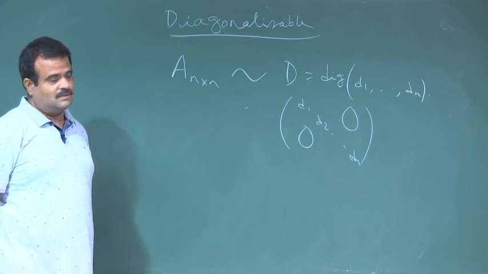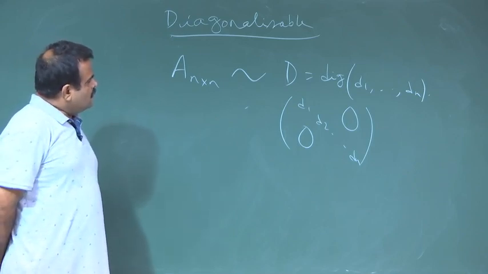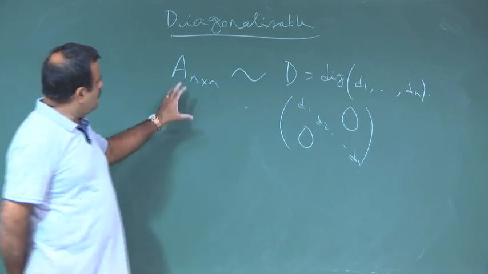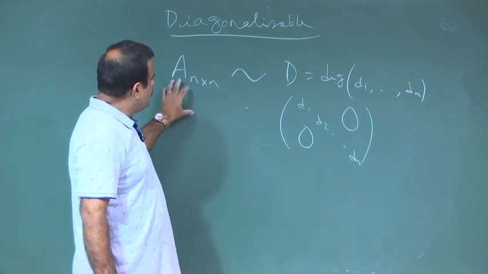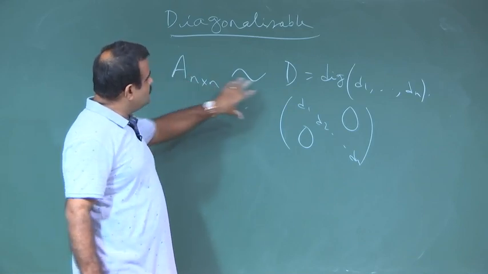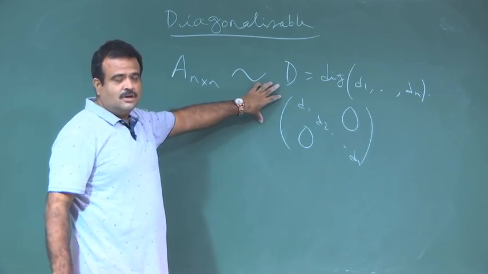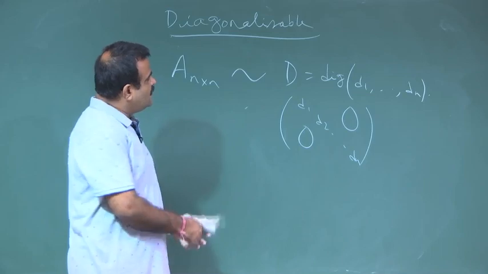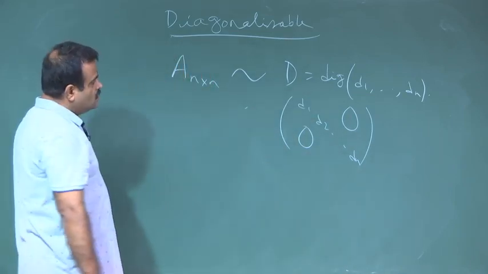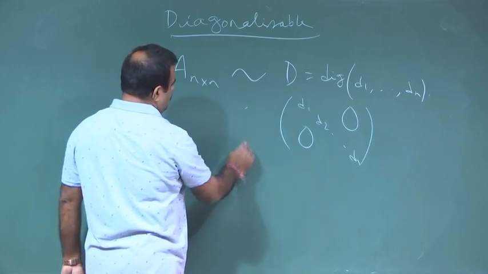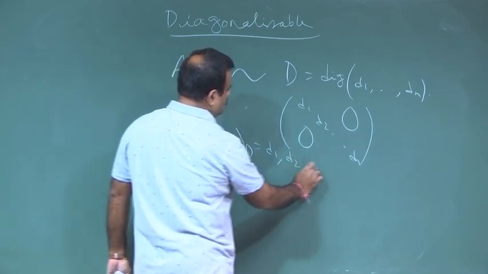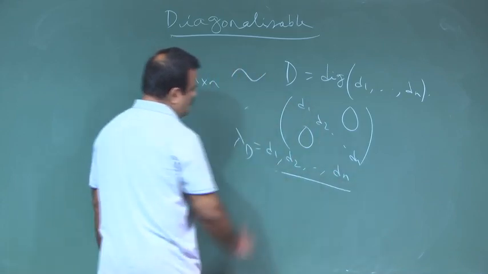diagonalizable. Now, if A is diagonalizable, then A is similar to the diagonal matrix, that means A and D have the same eigenvalues. What are the eigenvalues of D? The eigenvalues of a diagonal matrix are the diagonal elements, D1, D2, Dn.